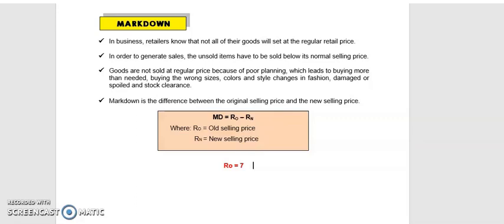So let's say the new selling price here is 3 ringgit. Okay, so what is the amount of markdown? MD equals original selling price minus new selling price. So that means markdown here is 4 ringgit. You put markdown.